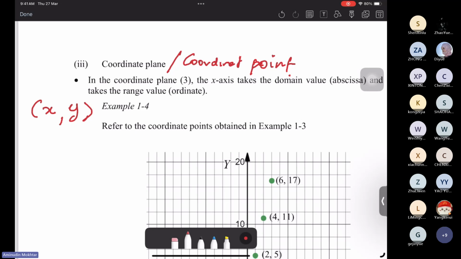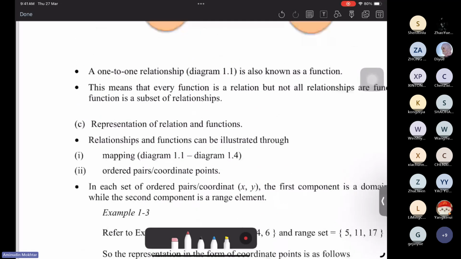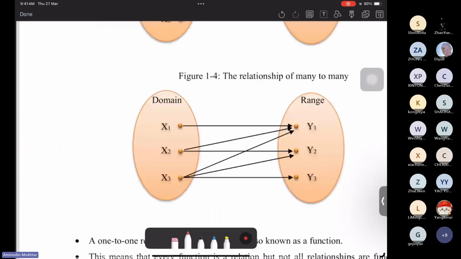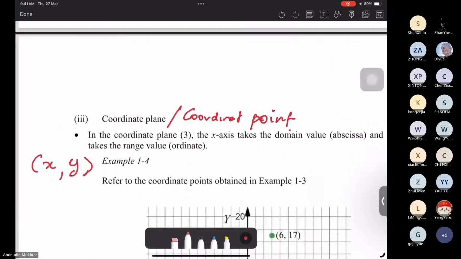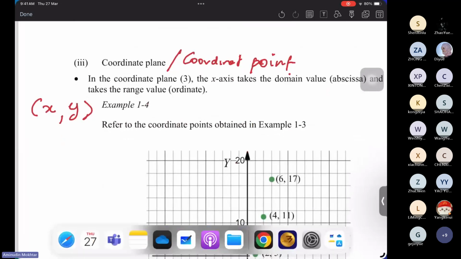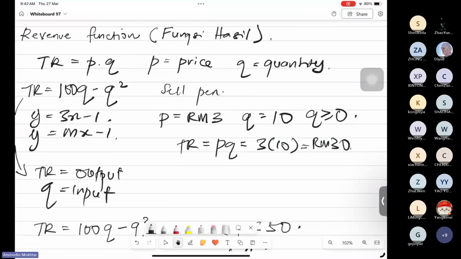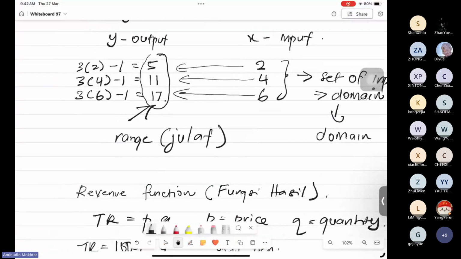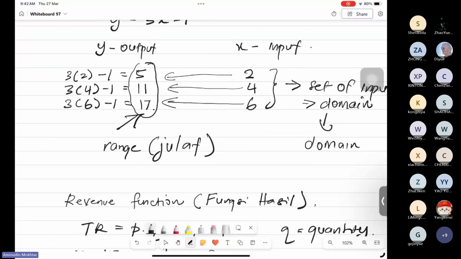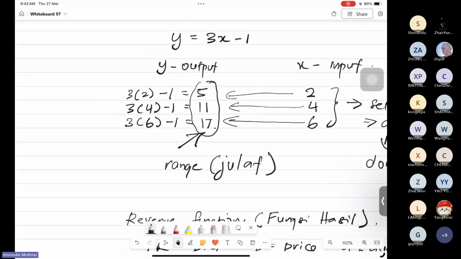Okay, for example, if we go back to the previous example, let's say we have x equal to 2, y equal to 5, x equal to 4, y equal to 11, x equal to 6, y equal to 17.